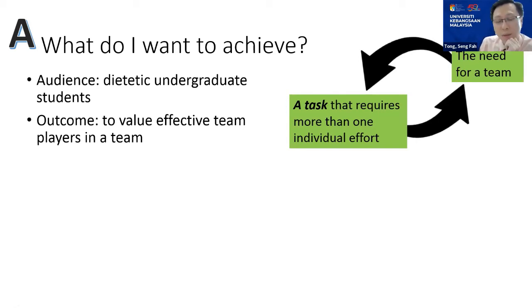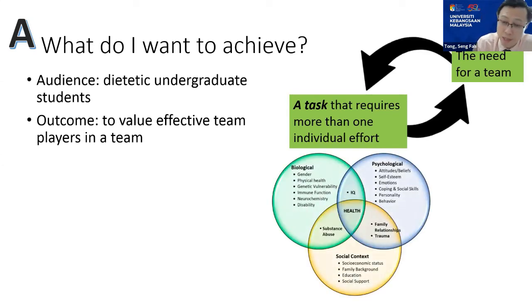Often this happens in healthcare. I don't think in healthcare we can be heroic enough to do everything on our own. Healthcare has become more complex now. Public health, primary care, hospital, all have to work in a team. But this is a task that students need to really appreciate. So how do we go about it? Underlying the complexity of a task in healthcare, they perhaps need to understand that health is complex.